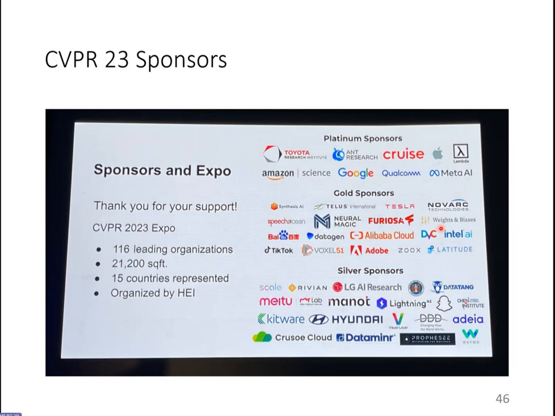For example, this is Apple, and Google is here, and Tesla is here, and TikTok, Adobe, Meta, Facebook is here, Qualcomm, and Amazon is also here. So do you find where Microsoft is? Microsoft.